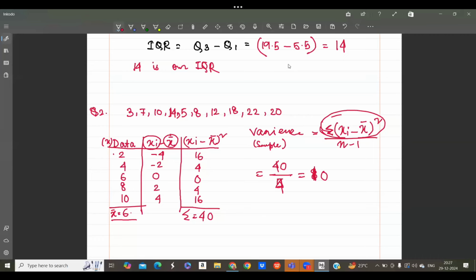Now, with the same calculation, we can find out the standard deviation as well. What is the formula for standard deviation? Square root of variance. Same thing, only we have added square root with it. So with the same thing, we can find out square root of 10.